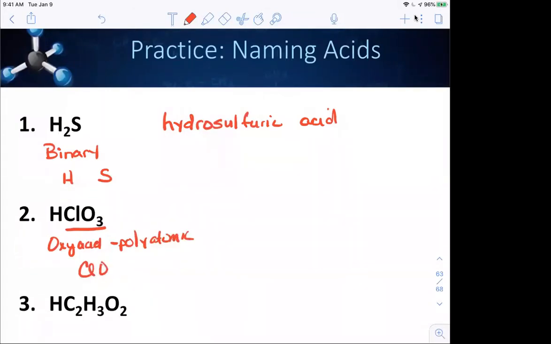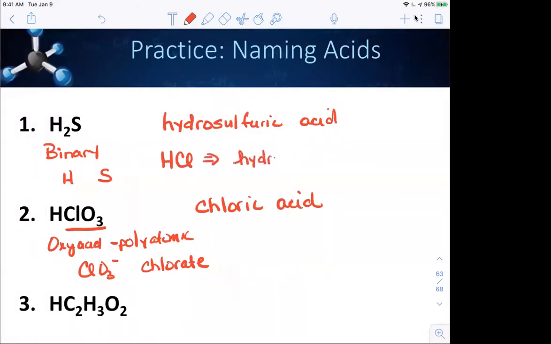The ClO3 minus anion is going to be chlorate. So this would be chloric acid. Notice if I do HCl, that would be hydrochloric acid because this is binary. That's why I have this hydro prefix in there.